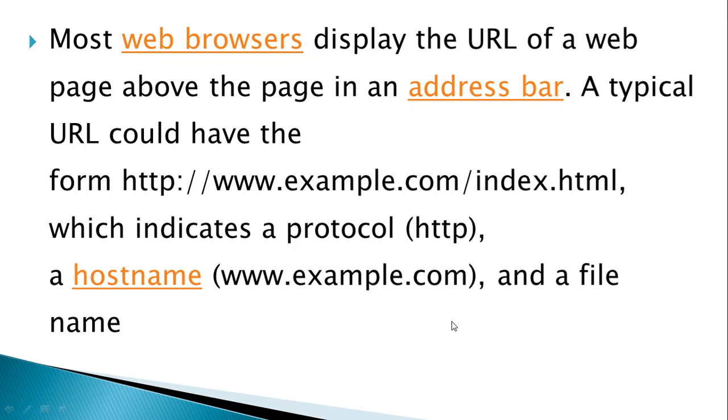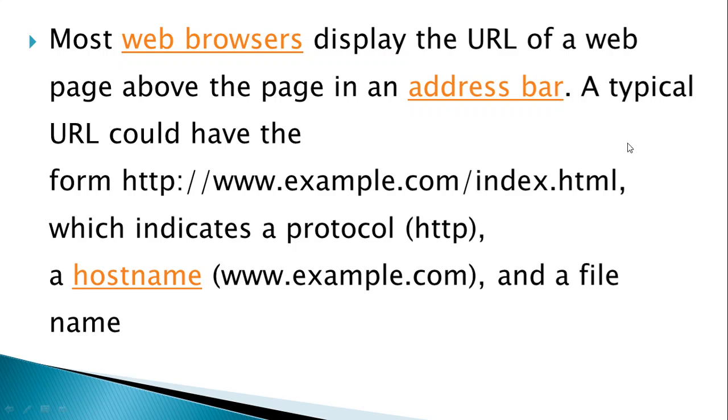Most web browsers display the URL of a web page above the page in an address bar. A typical URL could have the following form, for example: http colon double slash www.example.com slash index.html.